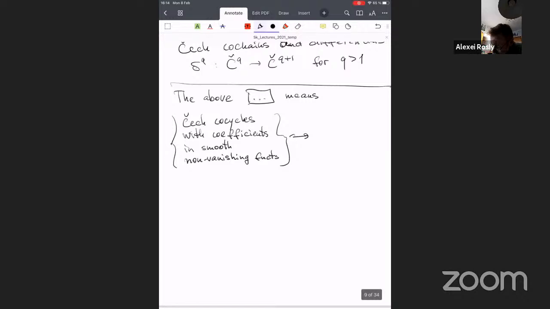And Czech cocycles with coefficients in smooth functions. Let me see. No, but okay, I'm sorry, I wasn't prepared for this question now.